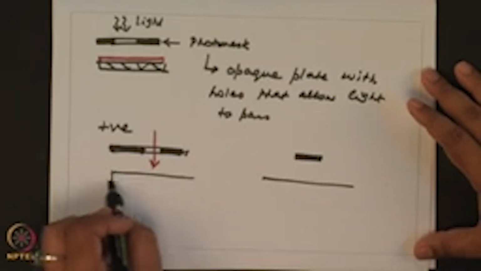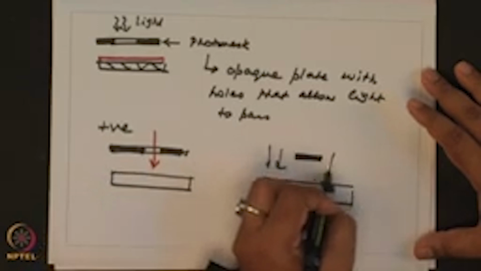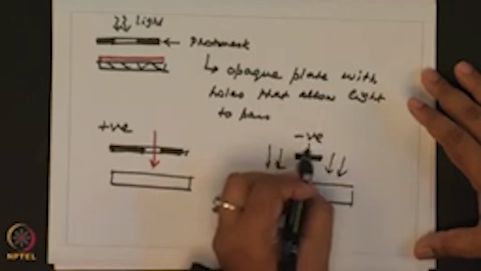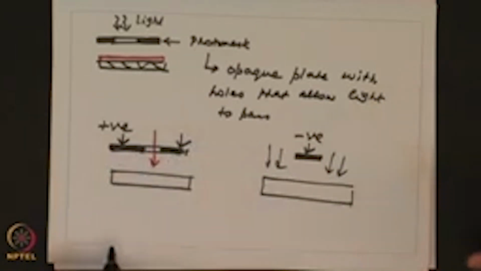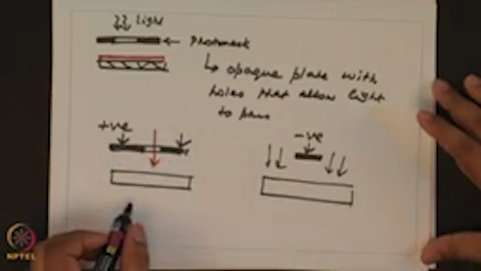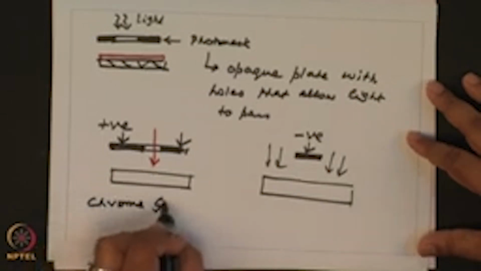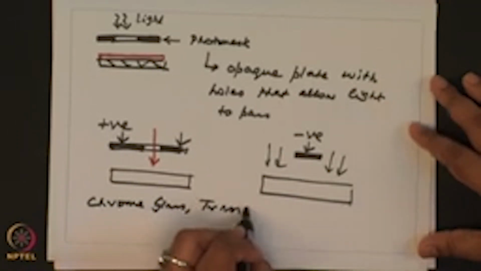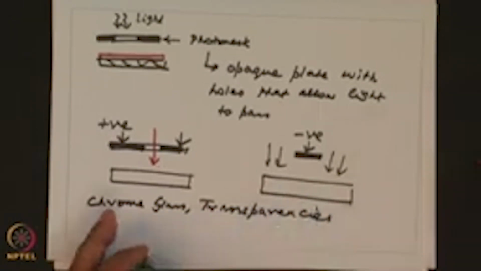Again this is your substrate. Light will pass through here, but it will not pass through the middle, it will get stuck here. In this case, it gets stuck in these two corners. You can have photo mask of different material, for example chrome glass or even transparencies.